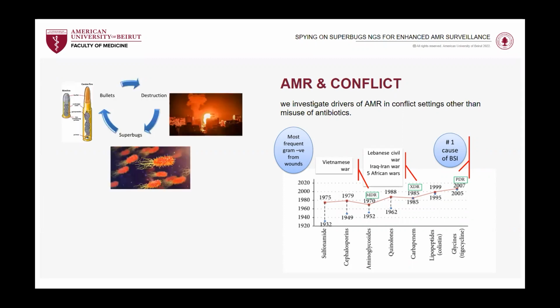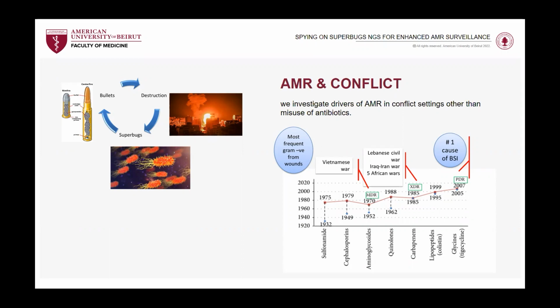So we started looking at how a bullet or a shell or destruction can drive antimicrobial resistance. Why could that be a question? Heavy metals, which constitute bullets, shells, buildings, anything that can be destroyed, were previously used as antibiotics: copper, nickel, zinc.